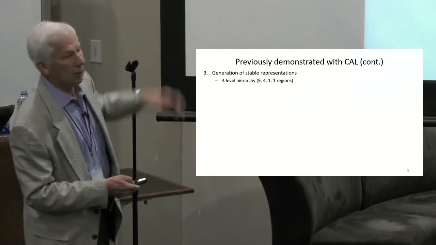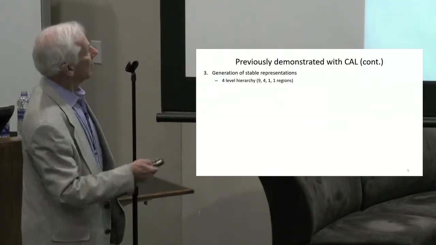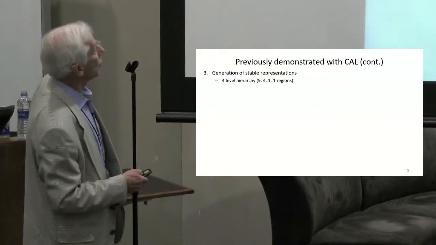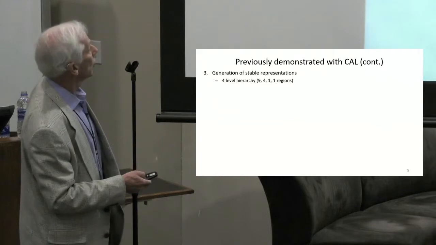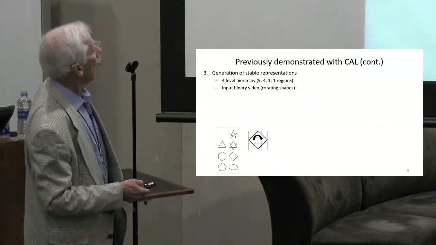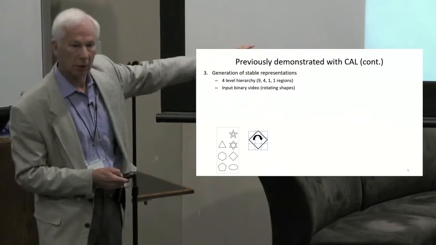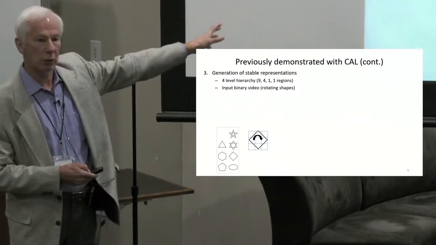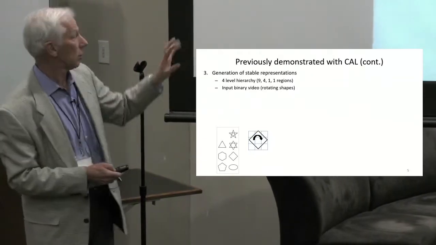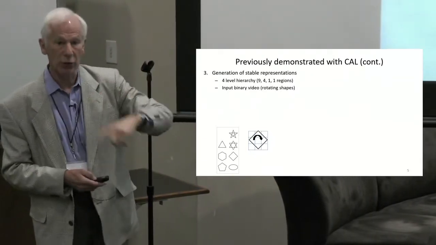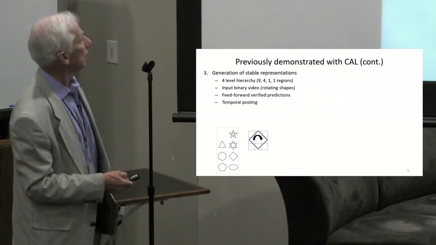So here is a small hierarchy with 15 regions, 9 on the lowest level and fewer as we go up. And this network was fed a number of shapes, binary images, where one frame of a movie clip is a binary image. So this is a sequence of binary images in a video clip.